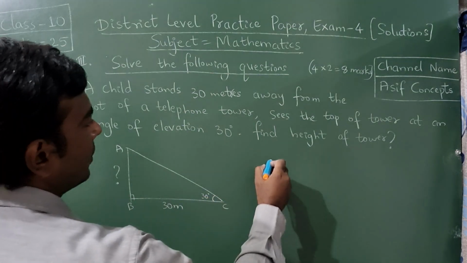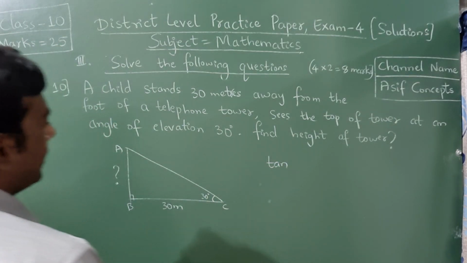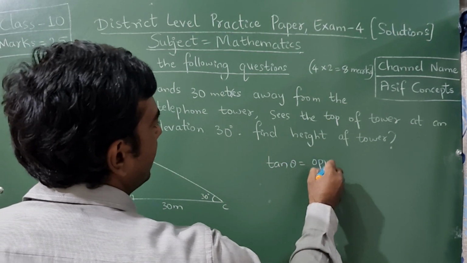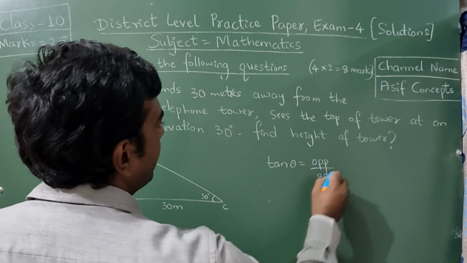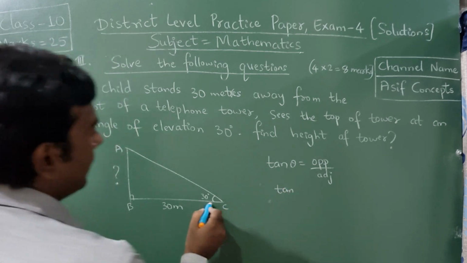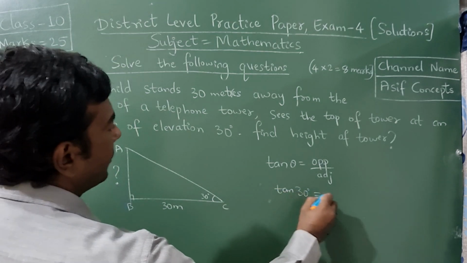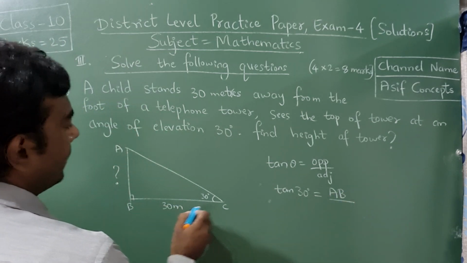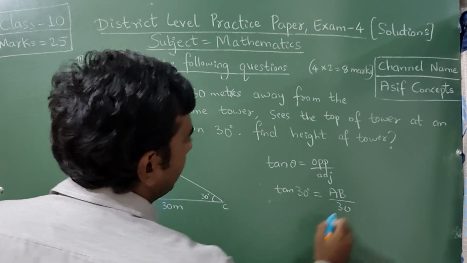So I can use tan theta. Okay. So tan theta is equal to opposite by adjacent. So tan 30 degree is equal to AB by adjacent, which is 30 meters.